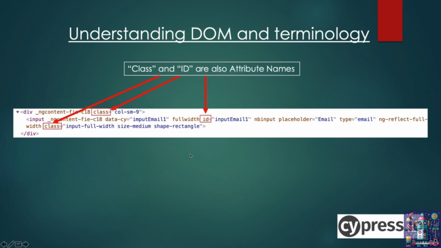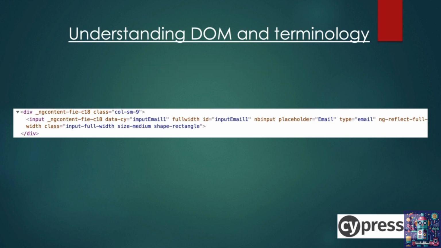Also important to know that ID and class are also HTML attribute names. IDs and classes have a special role in the HTML structure because ID is a unique identifier of the web element and classes define the style sheet. But they are also attribute names, and we will talk about the special roles of ID and classes later.